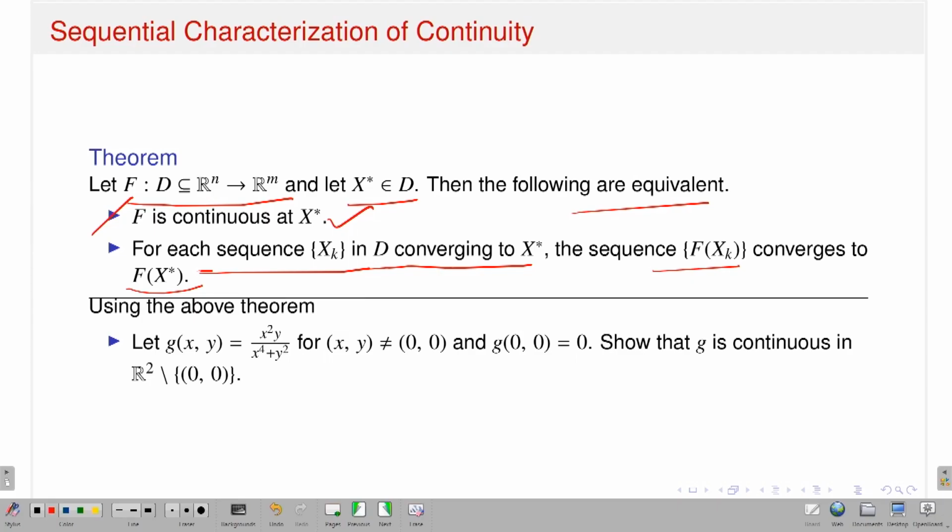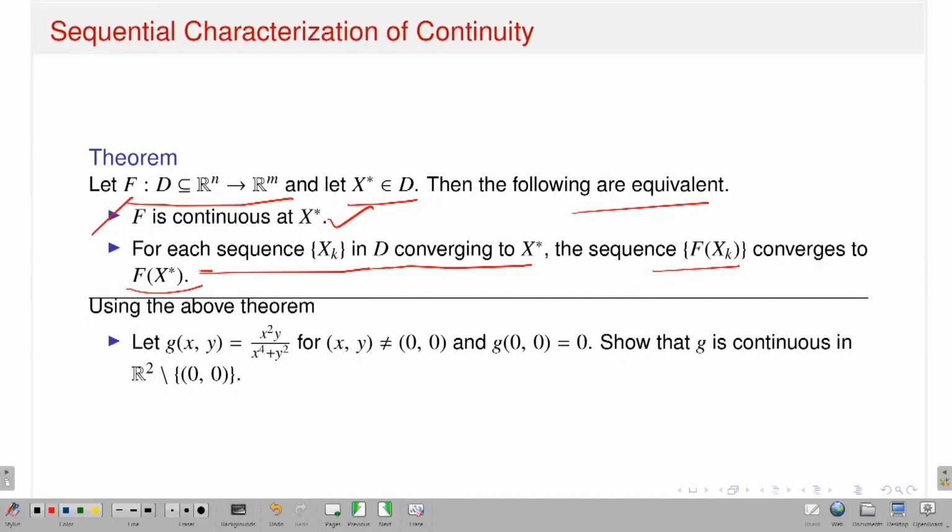In that way you can say that the function is not continuous. So to prove that a function is not continuous, the sequential criteria for continuity is much more useful than for proving continuity. You can prove continuity with it, I am not saying you cannot, but proving that a function is not continuous is sometimes much more useful.